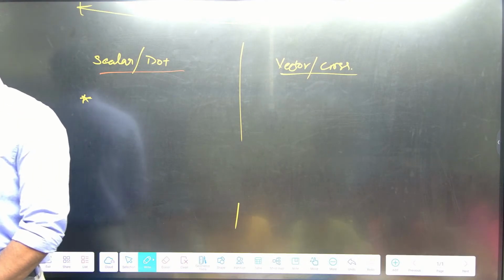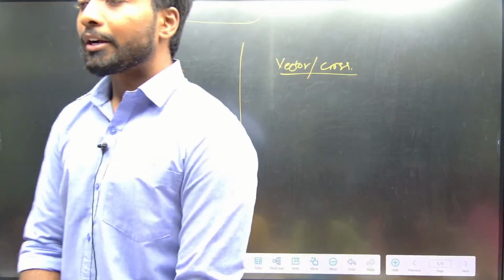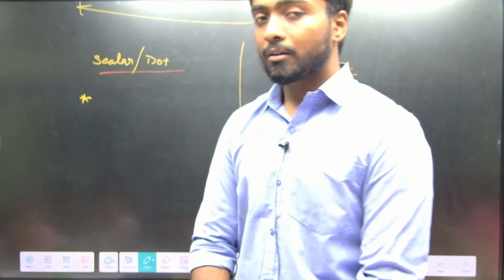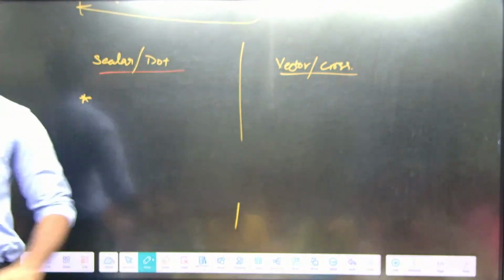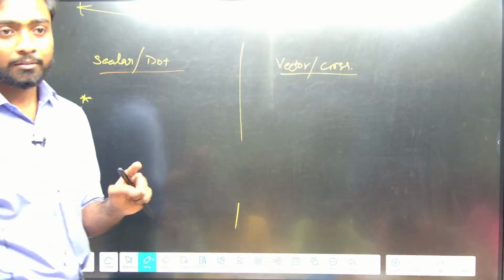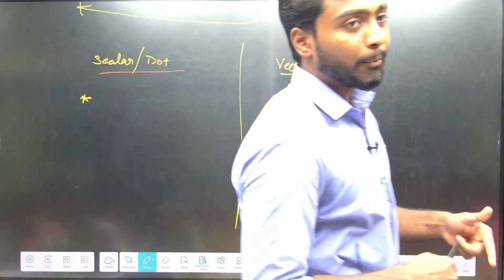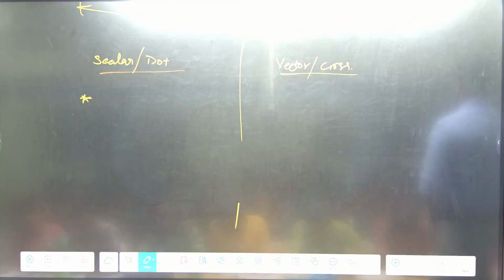On this side, multiplying two vectors by using a vector product or a cross product, we will get a vector. The resultant will be a vector.